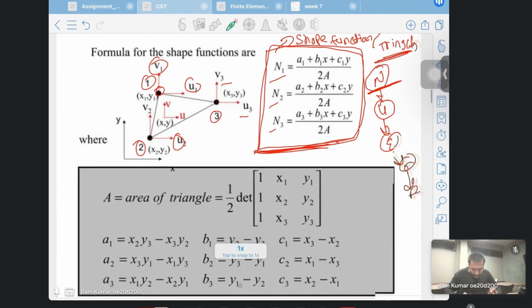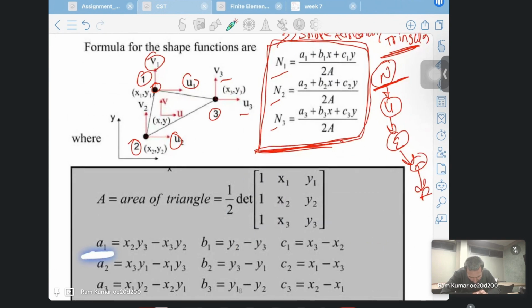And what is a1? a1 equals x2 y3 minus x3 y2. It is like a cofactor: x2 and y3, then x3 and y2, multiply these and subtract.